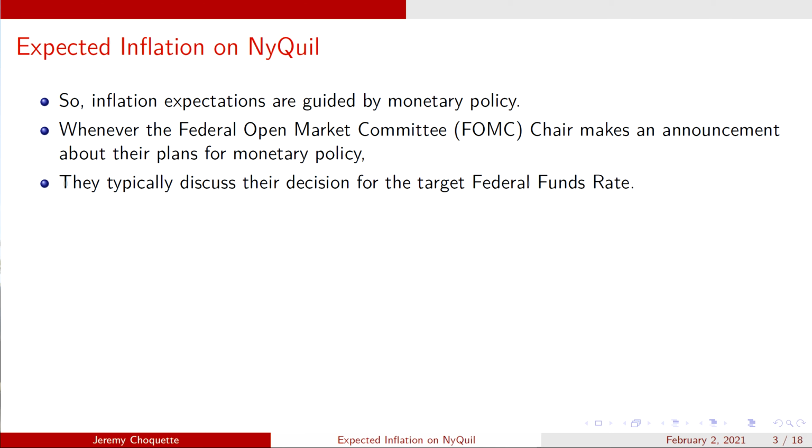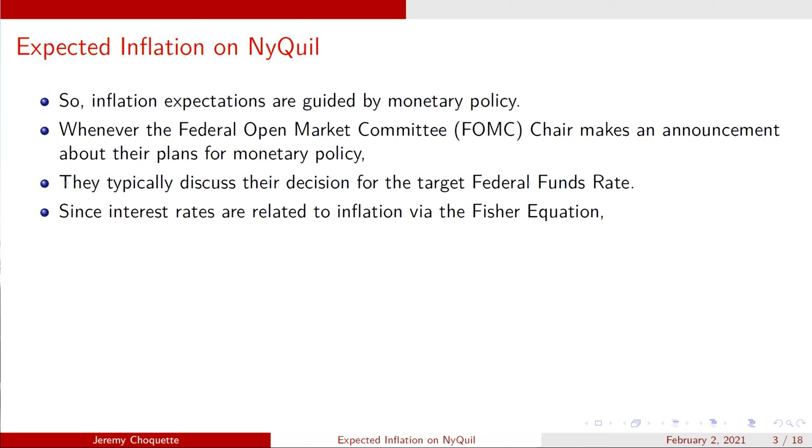They'll usually give a range, an upper bound and a lower bound. Last week Fed Chair Jerome Powell gave a range of 0 to 25 basis points, or 0% to about 0.25%. A basis point is 0.01% when we're talking about interest rates.